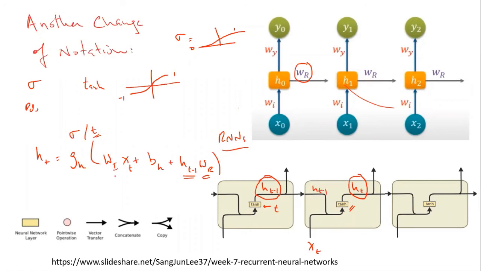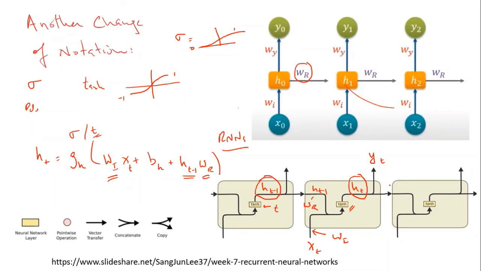So where should I show Wi and where should I show Wr? Wi should be over here, and what should be shown over here? Wr.